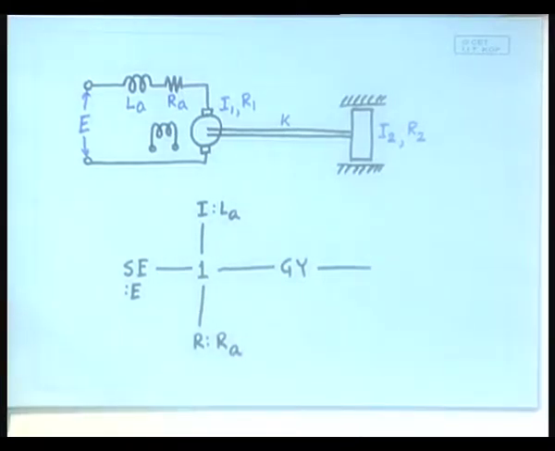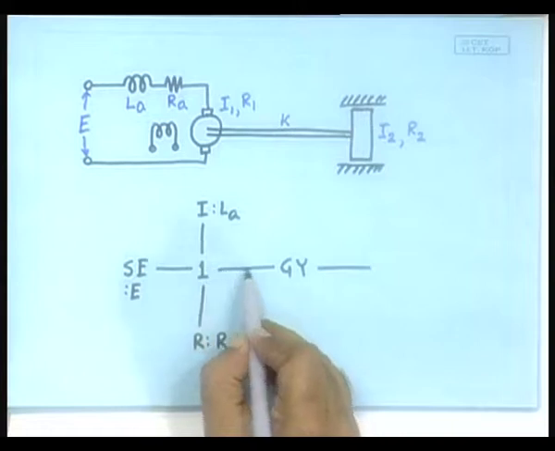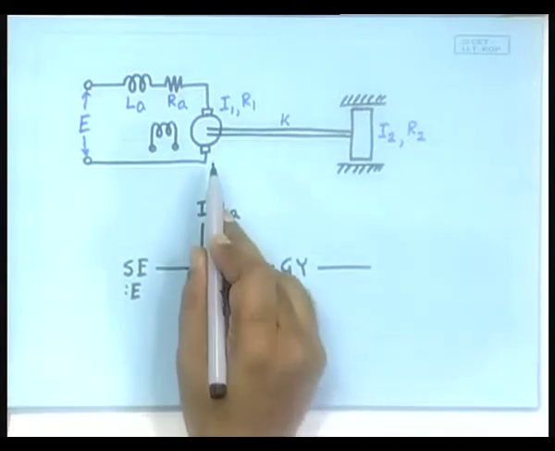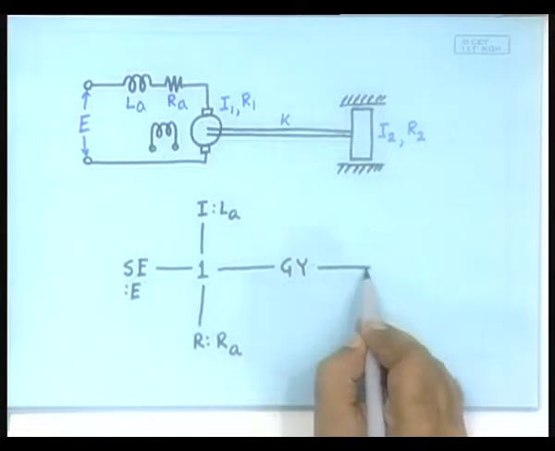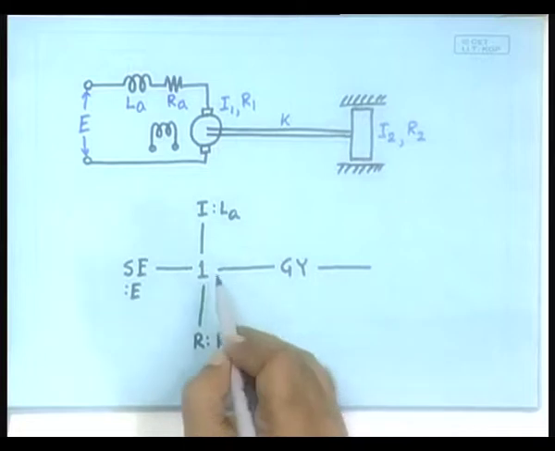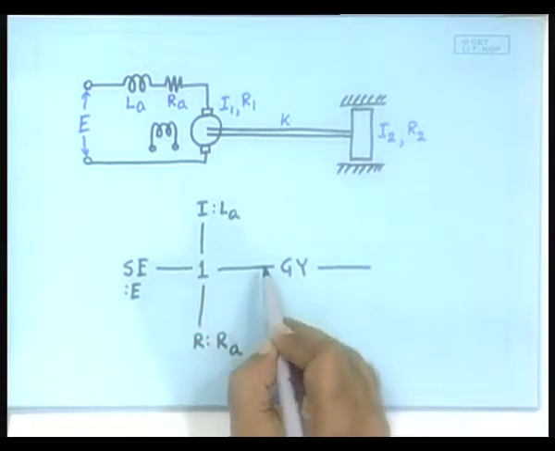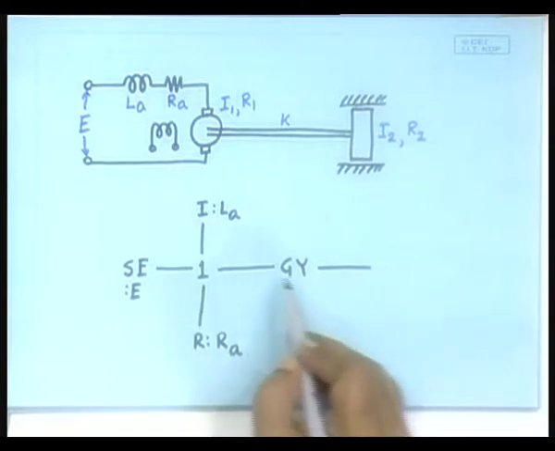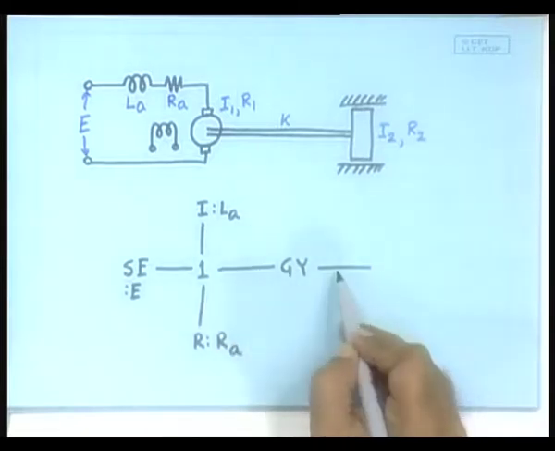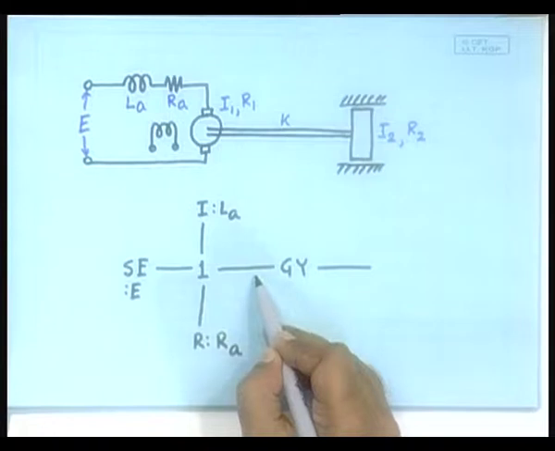Okay. Let's try to understand. This bond, its effort should be the back EMF. This side is mechanical side, effort should be the torque. So, here the flow should be converted into the torque here, and here the back EMF should be converted from the speed here.